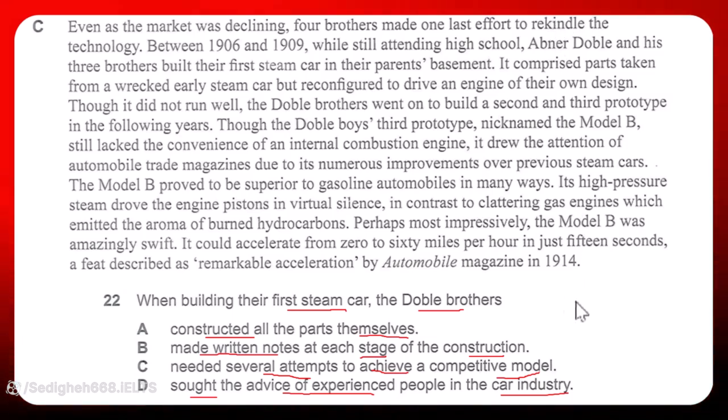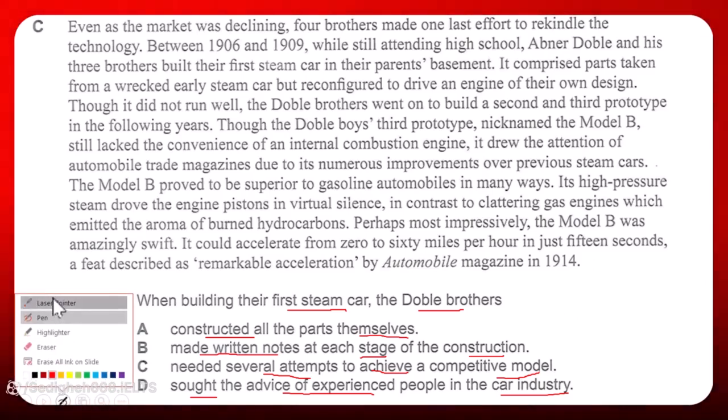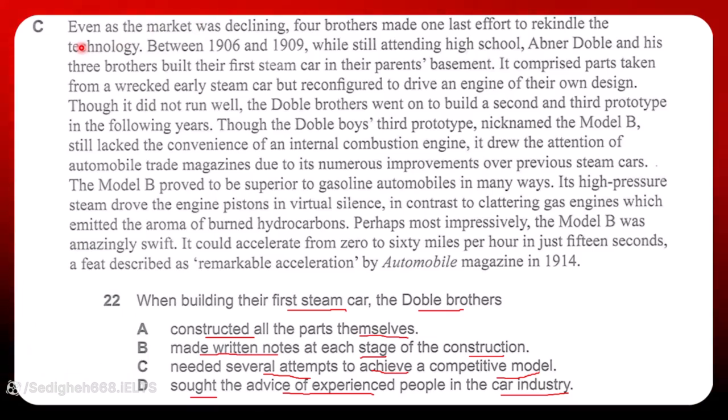Now we start with the paragraph. Like always, first we read the paragraph. Even as the market was declining, four brothers made one last effort to rekindle the technology between 1906 and 1909 while still attending high school.